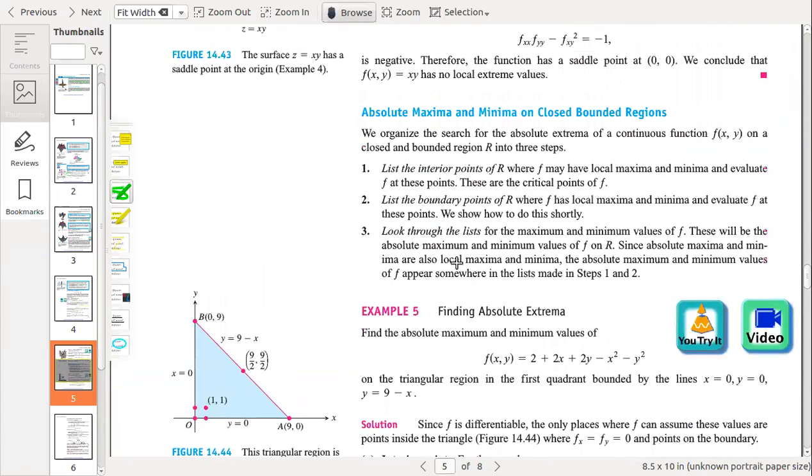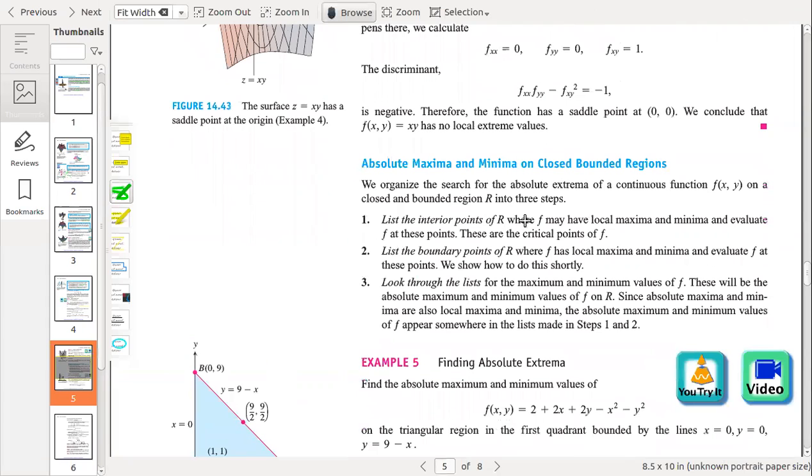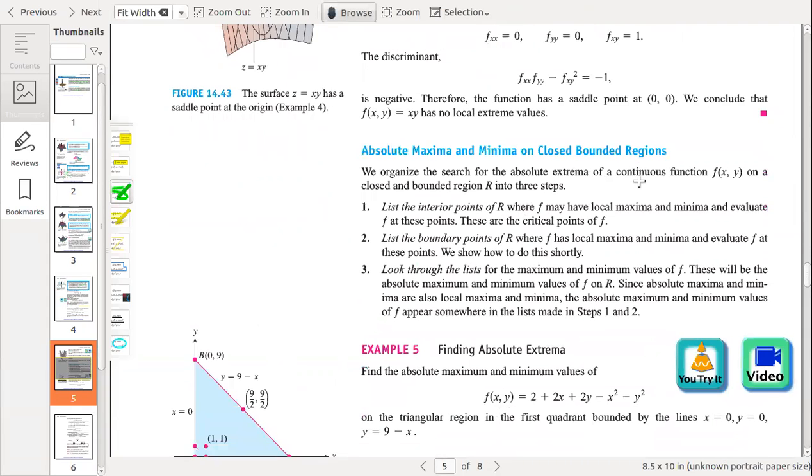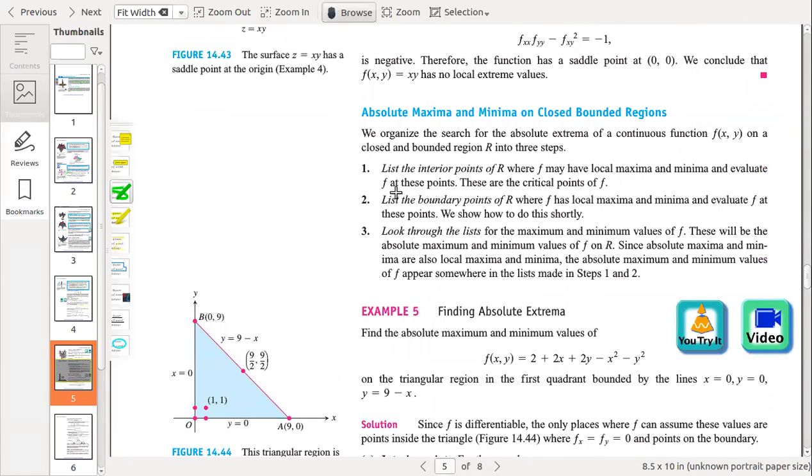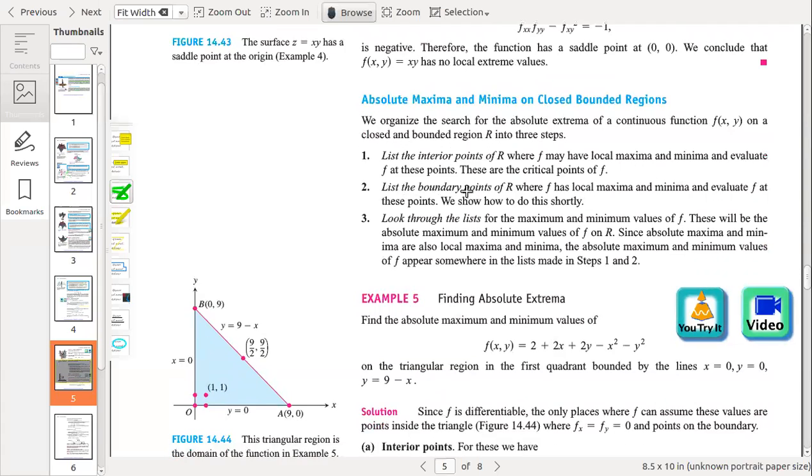And next is the absolute maxima and minima on closed bounded regions. We organize the search for the absolute extrema of a continuous function f(x, y) on a closed and bounded region R into three steps. First, list the interior points of R where f may have local maxima and minima and evaluate f at the points.